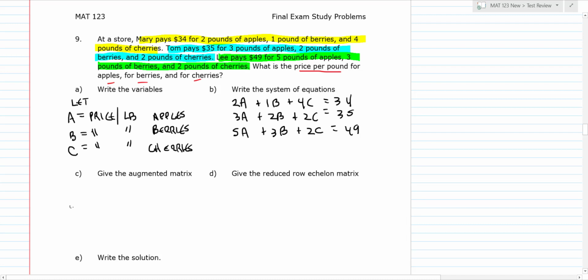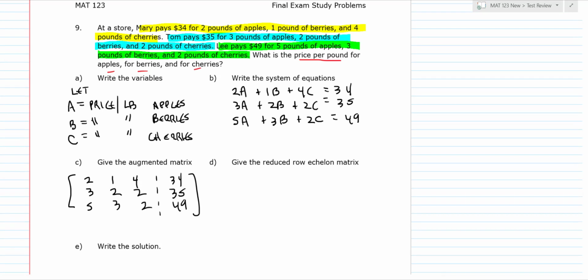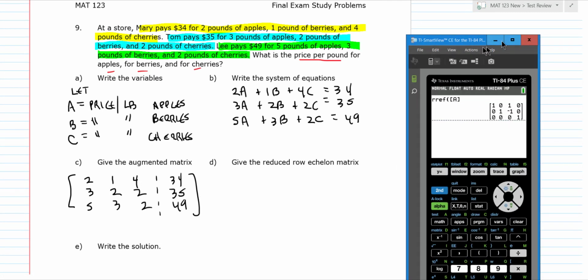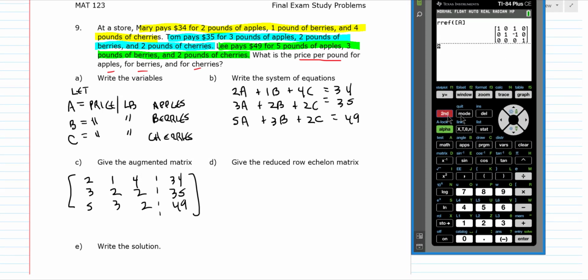Again, we're going to do this on the calculator. So the augmented matrix goes like this: first row 2, 1, 4, 34. Second row 3, 2, 2, 35. Third row 5, 3, 2, 49. We're going to put it in the calculator and do reduced row echelon form. I'll go second, matrix, edit, and just type over.